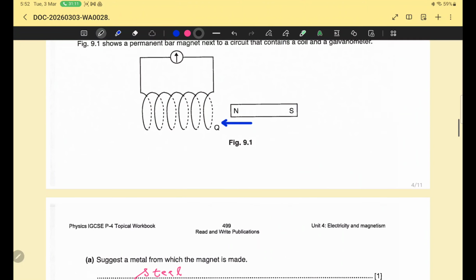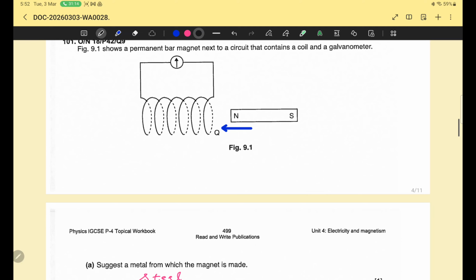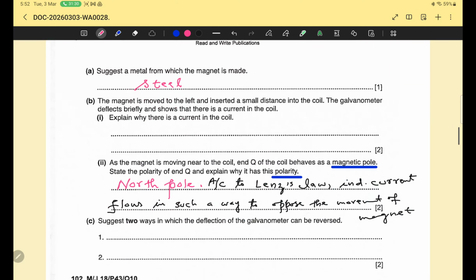Obviously, if the North Pole is brought close to the coil, here it will be a North Pole by the current, and this North Pole will repel the forward motion of the bar magnet. So it is according to Lenz's law.